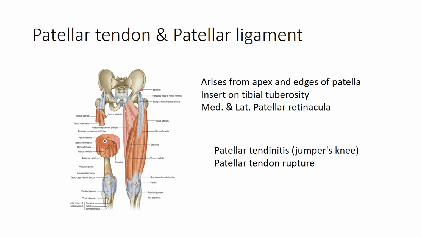So in those who perform jumping movements, like basketball or baseball or sprinters, because of repeated microtears, there may be inflammation of the patellar tendon, and that causes jumper's knee, patellar tendinitis. And a severe tear may cause rupture of the tendon also, which is known as patellar tendon rupture.